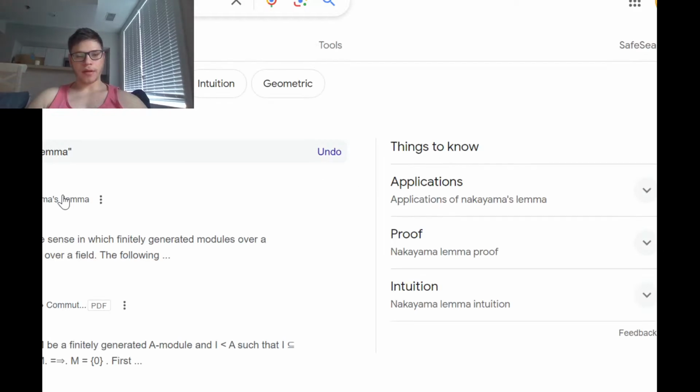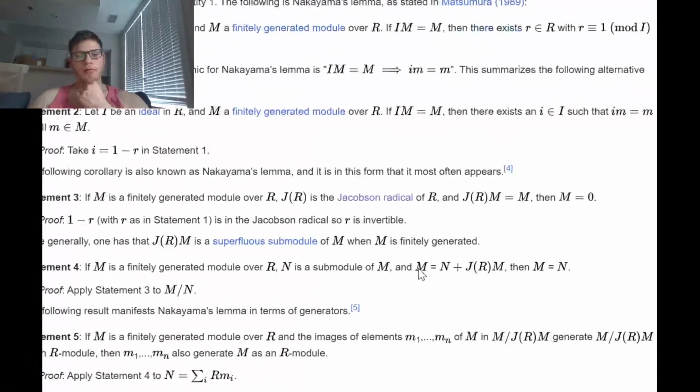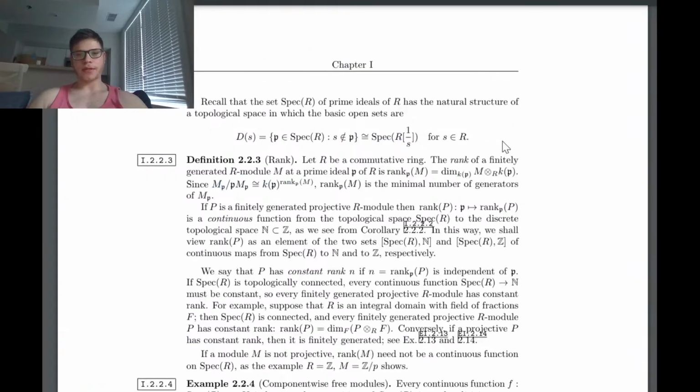Let's see. Nakayama. So yeah, if M is finitely generated and the images of elements generate, then they generate. And of course, it's the minimal number. If you have a smaller number of generators, then they would also generate the quotient, which is not possible, obviously.